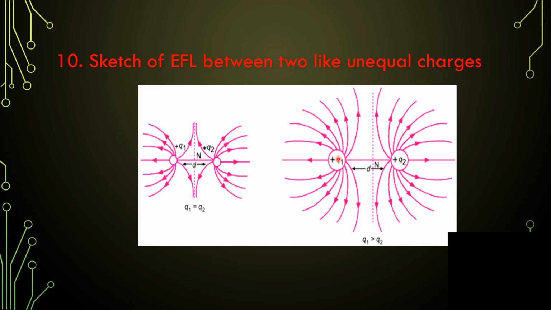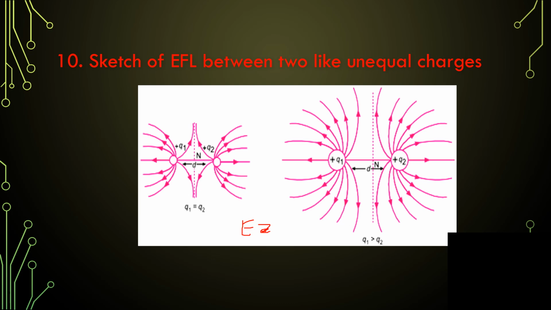Once again, we need to calculate the null point. How to calculate the null point? The null point means where the electric field is zero. At this point there are two electric fields, one due to q1 and another due to q2.